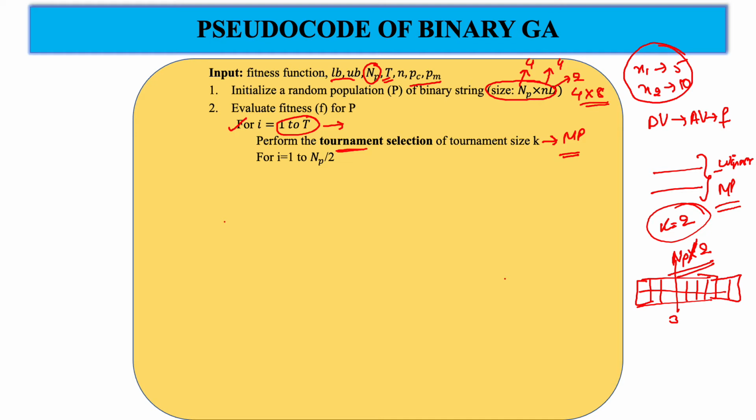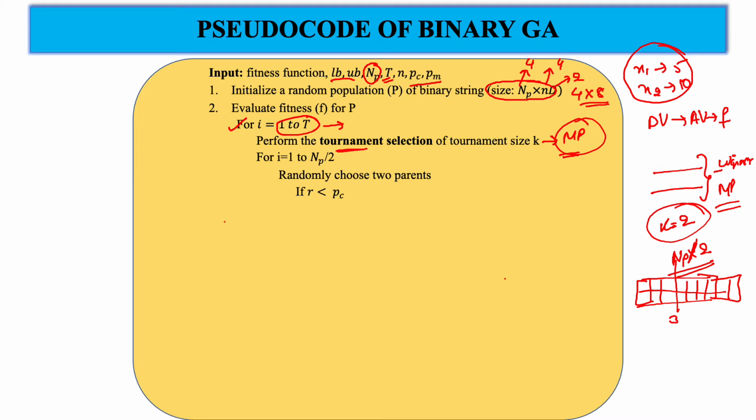So in this case we need to choose 2 parents, not population members. We have to select the parents from the mating pool, right? Parents which we obtain at the end of tournament selection, which are in your mating pool, and then we need to generate a random number and check it with our probability of crossover.